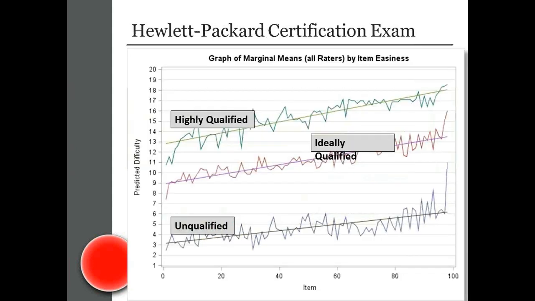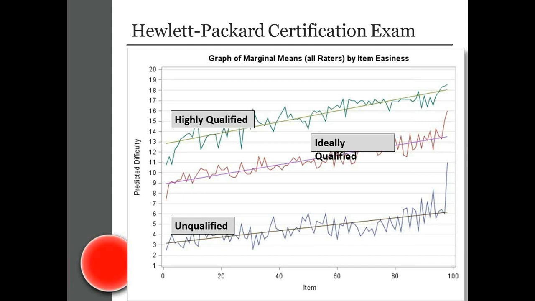So I want to show 2 examples of programs that have used the IIT rating. This was a Hewlett-Packard certification exam. I think there were 10 raters. They were judging items, much as the task we just described. There were 100 items in this case.